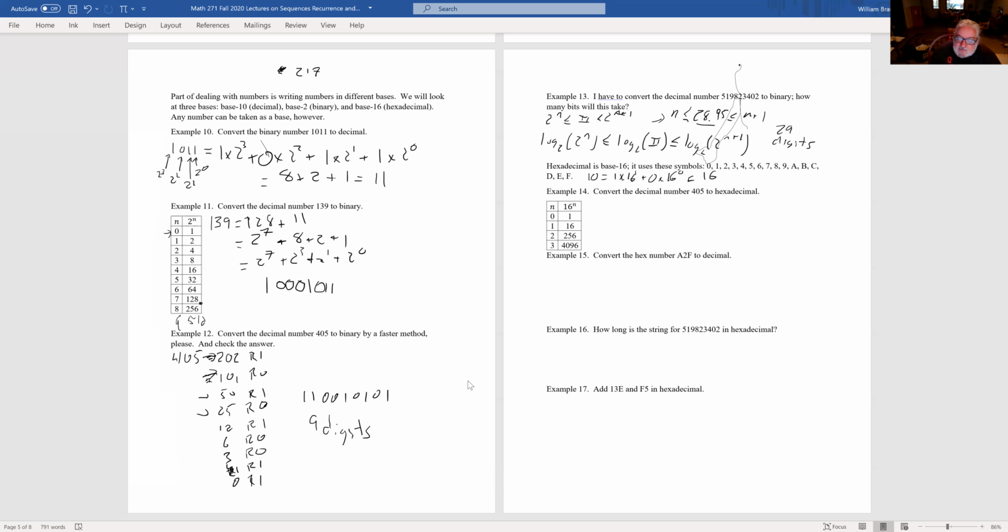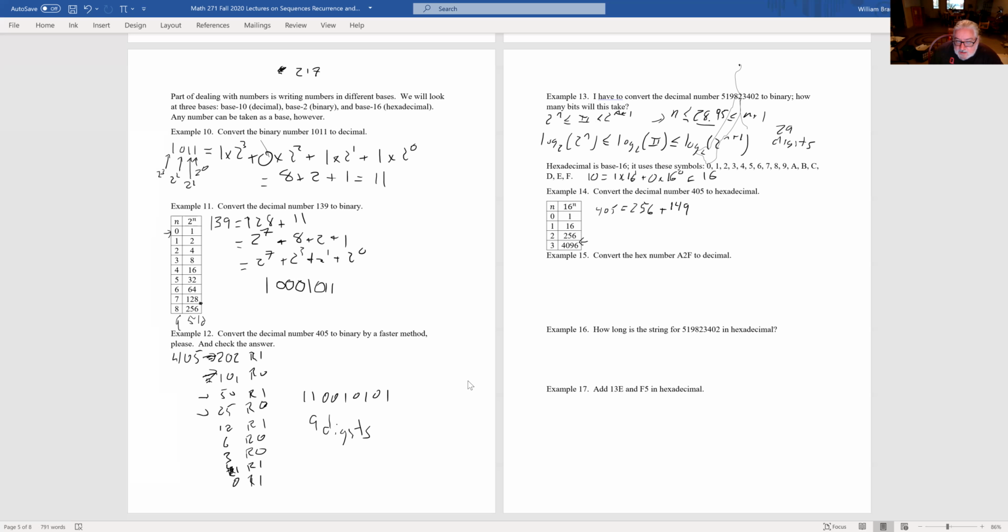So convert 405 to hexadecimal. How do we do that? Well, 405 is between 256 and 4096. So 405 will be 256 plus something. 1 times 256, and if we subtract that off, we get 149.